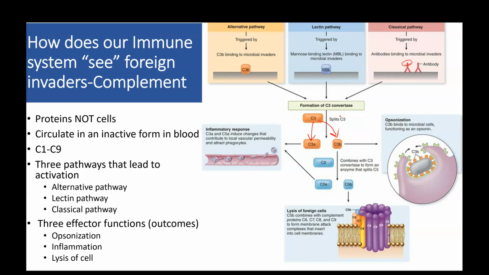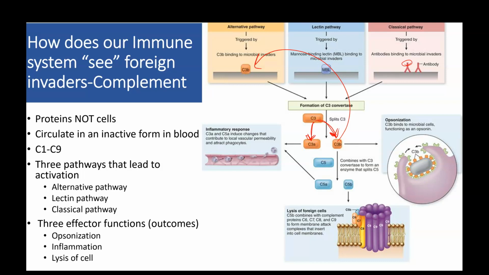And notice that C3b is that protein that can directly bind to microbial invaders. So at this point, once C3 gets split into C3a and C3b, we basically have three common outcomes of complement activation.